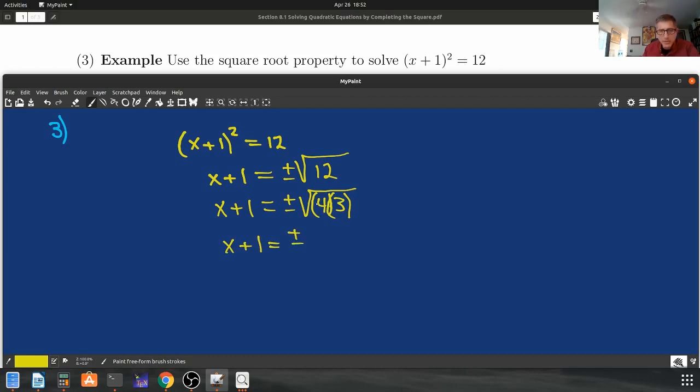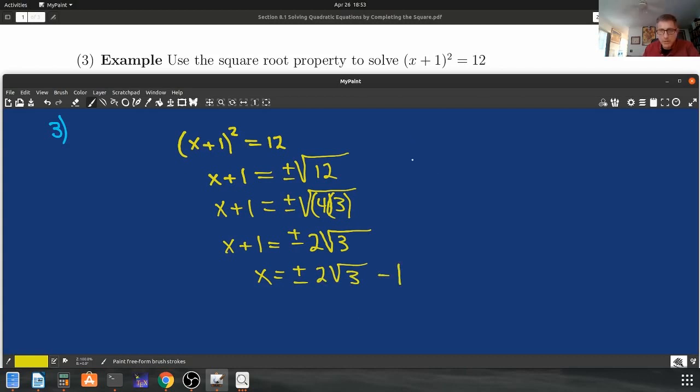So the square root of 4 is 2, so it escapes from underneath the sign, but the 3 has to remain behind. Now I'm solving for x, so I have to move the plus 1 over to the end. So x, and it becomes minus, is equal to plus or minus 2 times the square root of 3 minus 1.